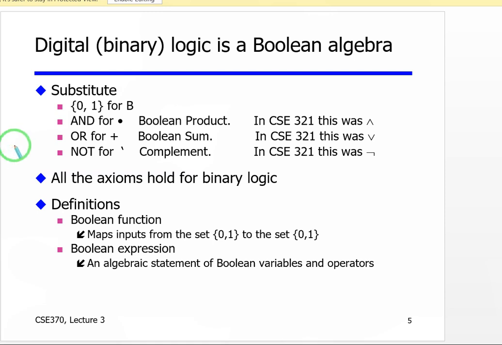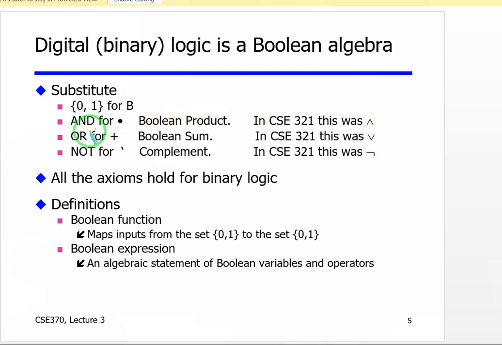Then, coming to digital or binary logic in Boolean algebra: substitute 0 and 1 for B. The AND operator uses a dot, the OR operator uses a plus, and NOT uses the complement. Then we have Boolean product, Boolean sum and complement. Remember that in lecture 1 we studied conjunction, disjunction and negation.